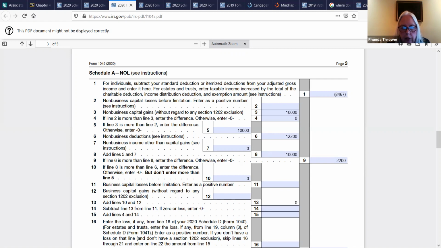And then you subtract line 13 from line 11, it's still going to give you 0. And then add lines 4 and 14 together. 4 was 0, 14 is 0, so line 15 has to be 0.